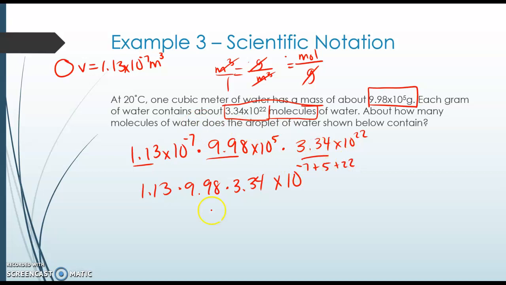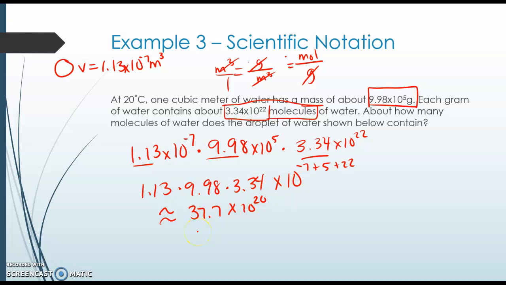All right, from here I'm going to multiply 1.13 times 9.98 times 3.34, which is approximately 37.7, and then we're going to have times 10. Negative 7 plus 5 is negative 2, plus 22 is 20. So this is what we have so far.